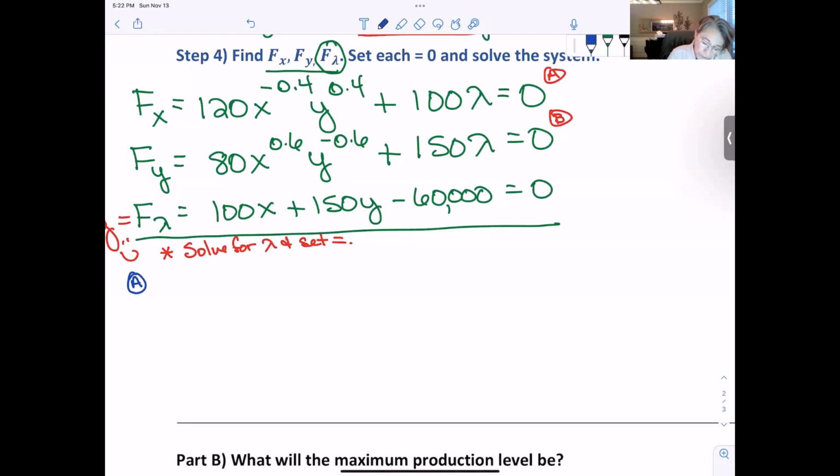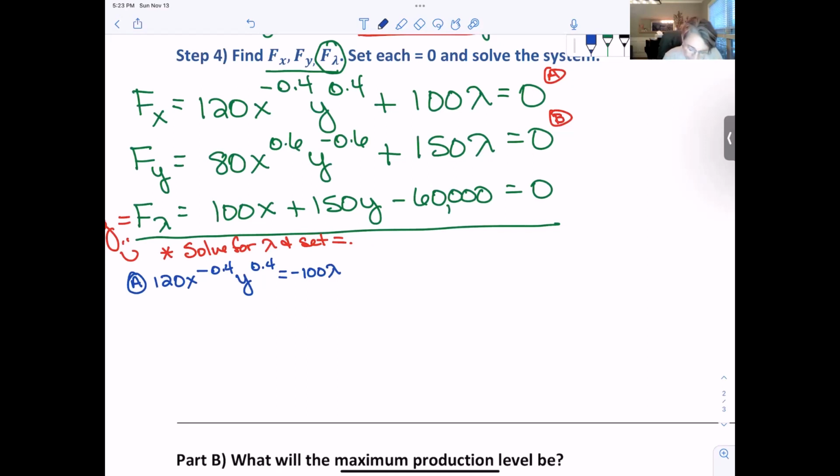So if we're looking at this first equation, I'll change colors so we can see it a little bit better. Looking at the first equation, we would have 120x to the negative 0.4, y to the 0.4 equals, and I'm going to subtract that 100 lambda to the other side. So we have a negative 100 lambda. Now, on the left-hand side, notice that x has a negative exponent.